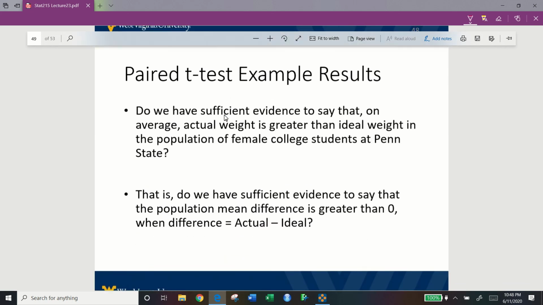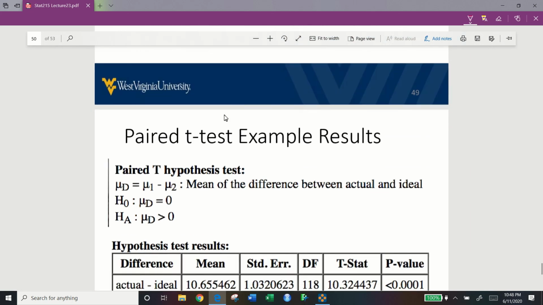Given the results above, does that mean we have sufficient evidence to say, on average, actual weight is greater than ideal weight in the population of female students at Penn State? Meaning, do we have sufficient evidence to say the population mean difference is greater than 0 when the difference is actual minus ideal? Well, based on the results above, it leans that way, but we actually can't definitively say that. We have to do the test.